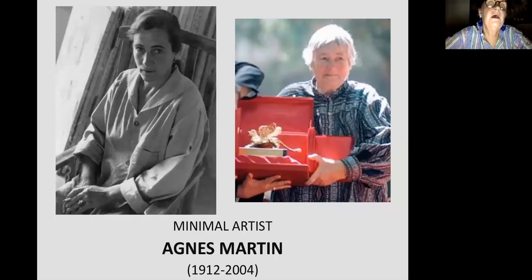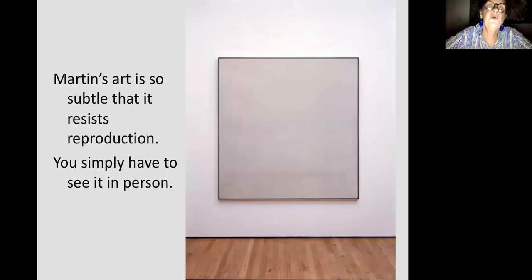So also last time I spoke of this artist, and I'm going to race through her stuff, but if you don't know her, I recommend you finding some of her works in person. She was phenomenal, Agnes Martin, and her work is so subtle that it totally resists reproduction.